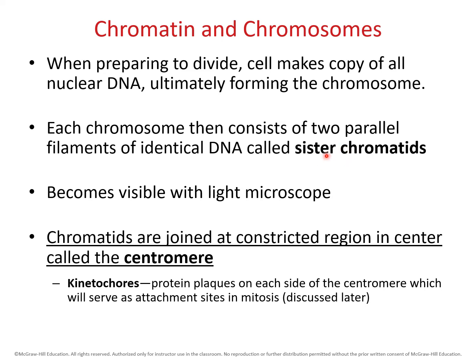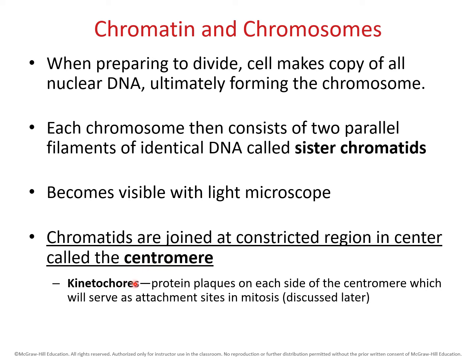But for now, you can just understand that the chromosome is made of chromatids. You're going to have two, and we just call them sister chromatids. And chromatids, as I pointed out, are joined at the center at an area called the centromere.